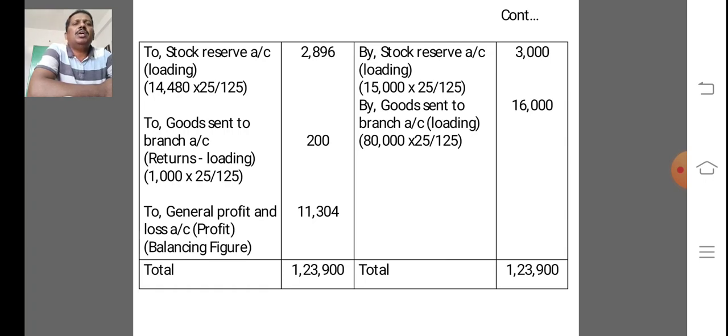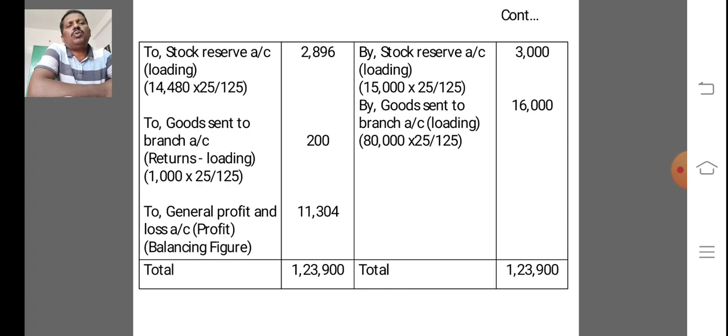And finally we are applying the invoice price situation, that is debiting the stock reserve, that is 14,480 is the closing stock, 25 divided by 125, 2,896, and debiting the goods sent to branch account, that is returns, 1,000 into 25 divided by 125, 200, and crediting the stock reserve account, that is loading, 15,000 into 25 divided by 125, 3,000, and crediting the goods sent to branch account, that is loading, 80,000 into 25 divided by 125, we get 16,000.